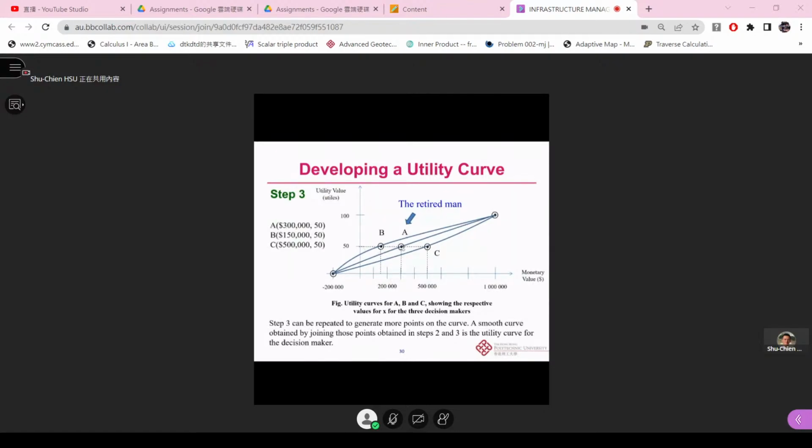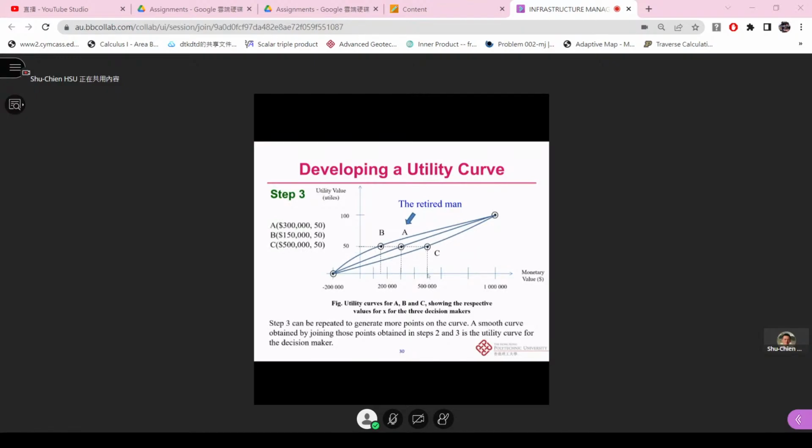Or someone would like to earn 150,000, which is B. If someone wants more, that in this 50-50 chance the expected benefit he wants is 500,000, then we put C here.